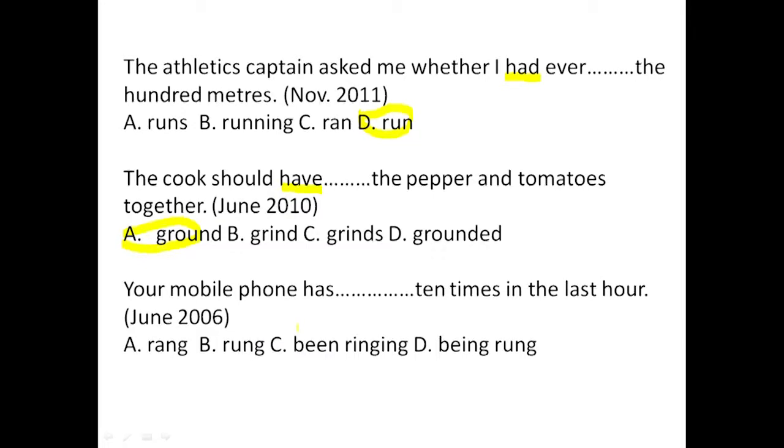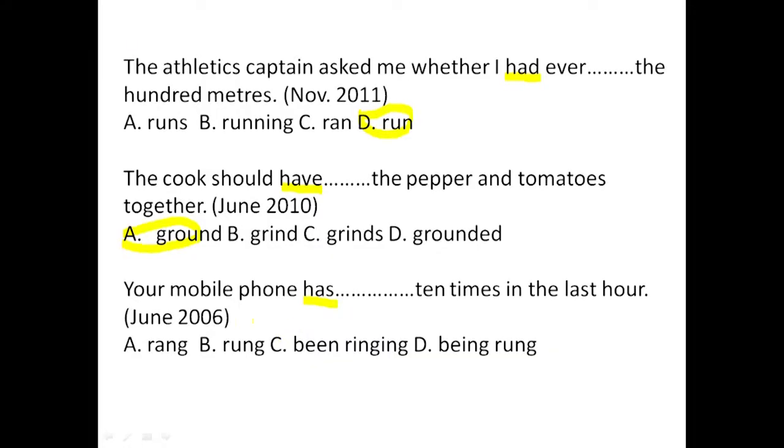We have ring, present tense; rang, past tense; ringing, present participle; and rung, R-U-N-G, the past participle form. The use of has gives the impression that we should consider the past participle form of ring. So rang is wrong because rang is past tense.